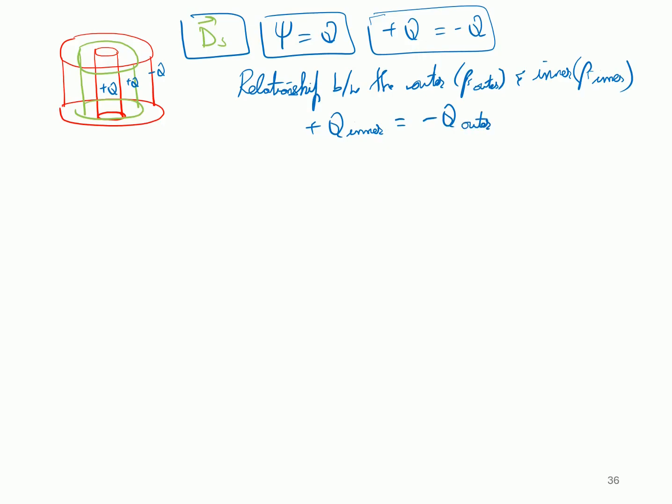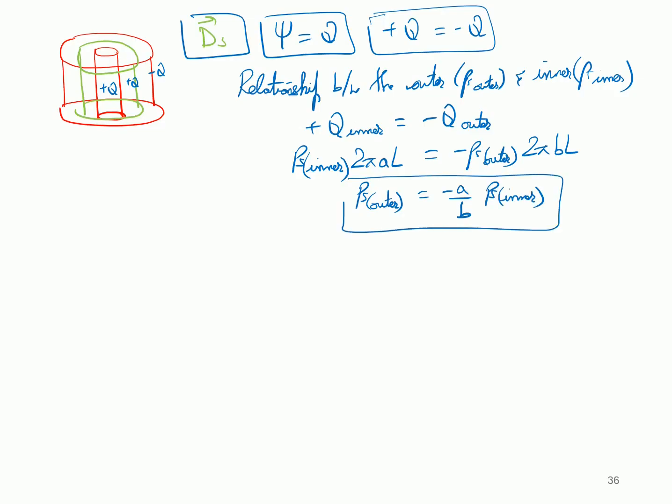We know that Q inner is rho_s inner times 2 pi a L, because the radius is a, and Q outer is rho_s outer times 2 pi b L, because the radius of the outer conductor is b. Once you do the comparison, the surface charge density on the outer cylinder is the ratio of the radii times the value on the inner cylinder. So this is the expression you can use to find the relationship between the inner and outer conductor.